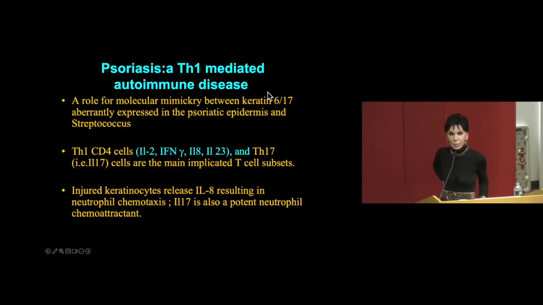And these autoimmune Th1 cells that are targeting the epidermal keratinocyte are elaborating very specific interleukins like IL-8, IL-23. As well, those Th1 cells will elaborate IL-17, and they're referred to as Th17 cells. And basically, the IL-8 and IL-23 contribute to the neutrophil migration and to the epithelial injury that occurs in psoriasis.